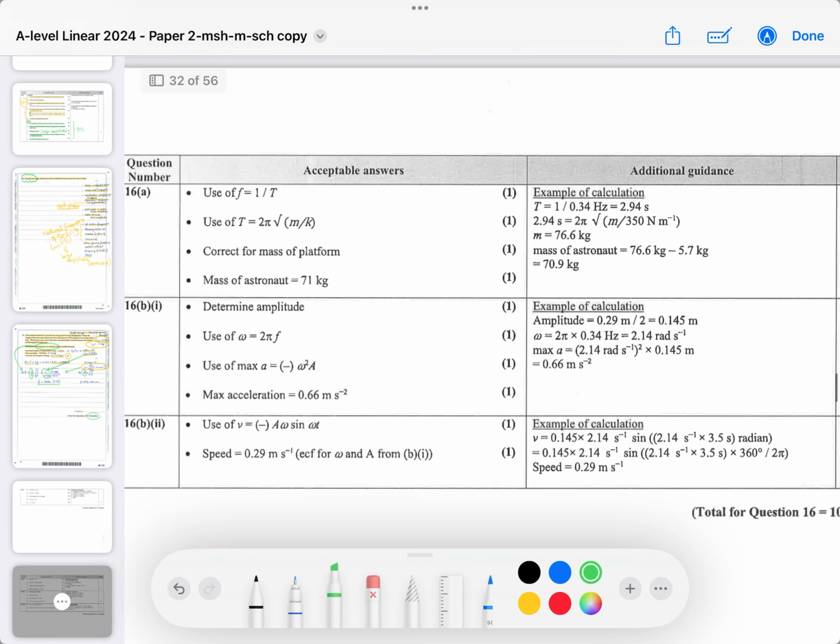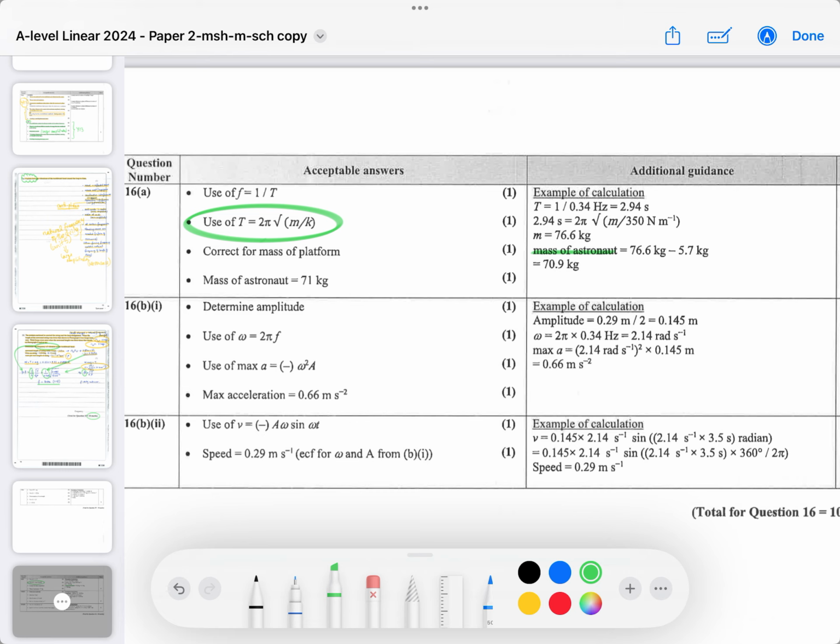Question 16 looks like it's a simple harmonic motion because you've got frequency and you've got the equation for the period of a spring mass system. Okay, so we're using a spring mass system and doing some calculations. Looks like you've got an astronaut.